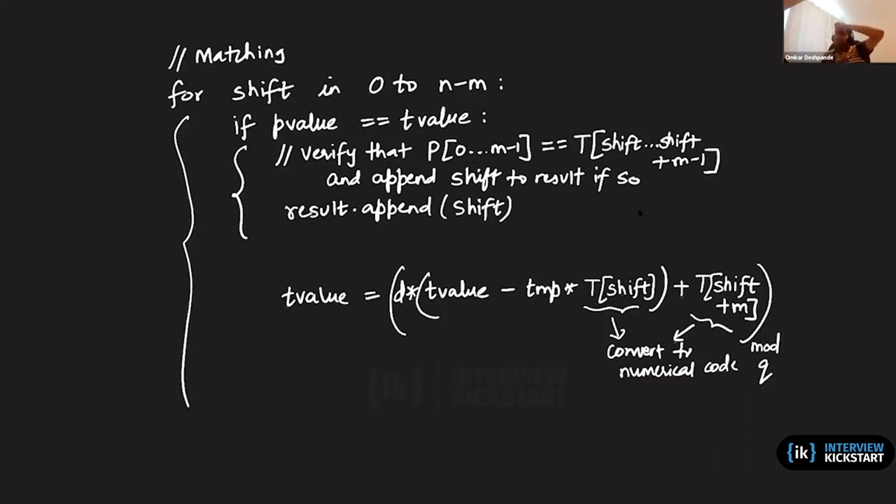When shift is n minus m, we don't want the window to keep getting slid. So this last line will be done only as long as we are not at the rightmost edge. Okay, and then we can return the result.